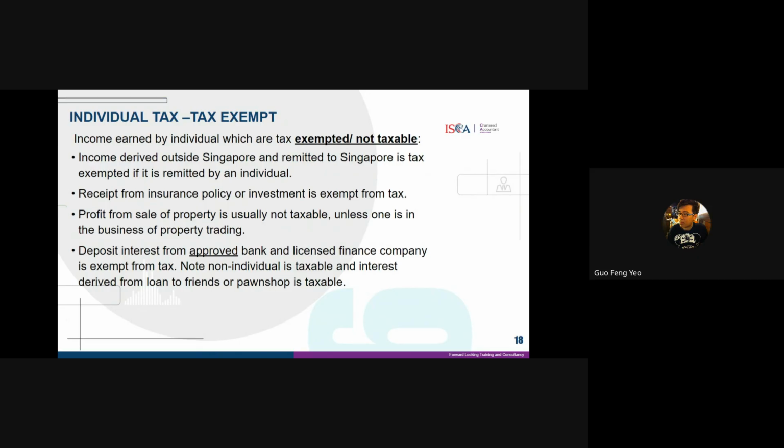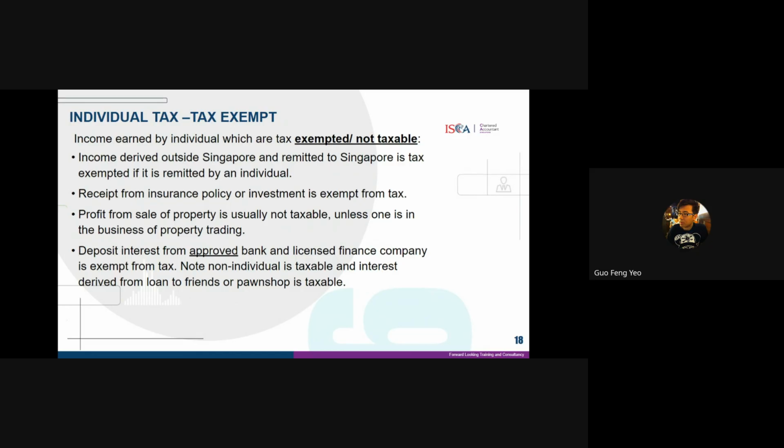Now, a lot of Singaporeans make their first bucket by selling HDB flats or private property. Generally, sale of property is not taxable as it is considered to be capital gains. Singapore currently does not have a capital gains regime.